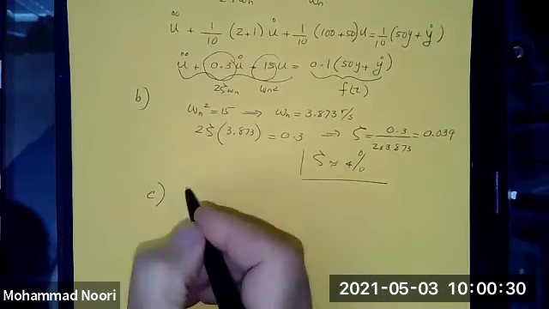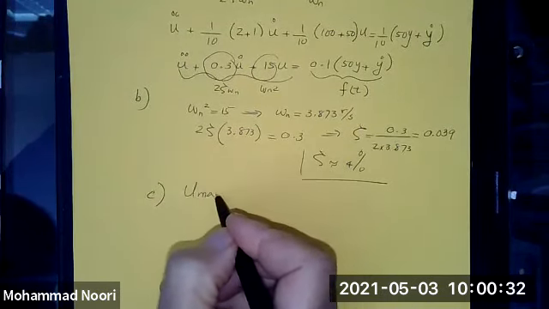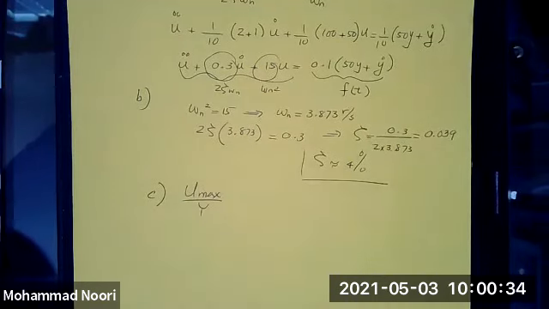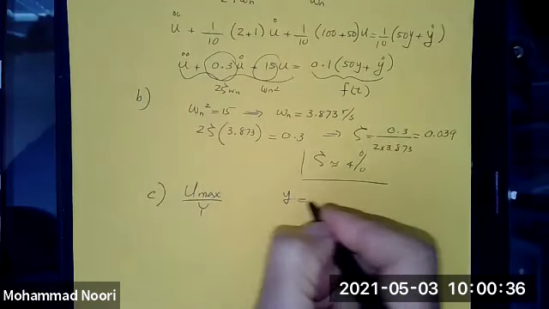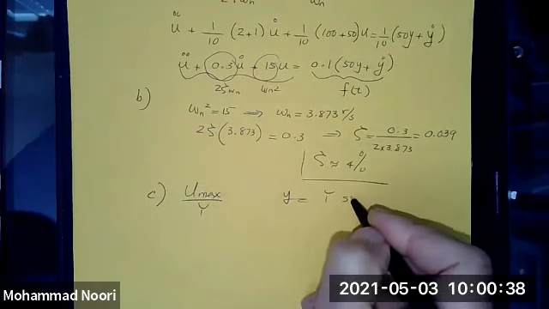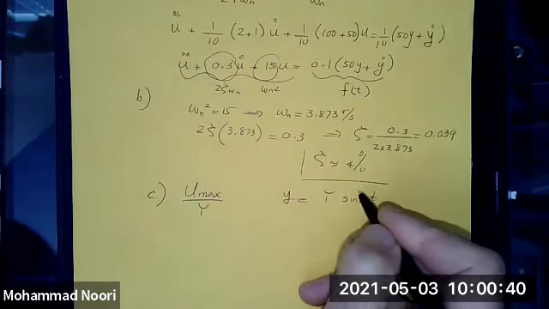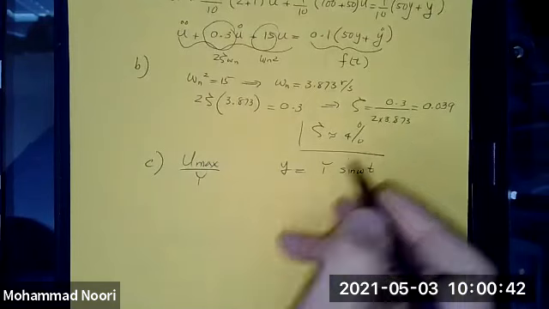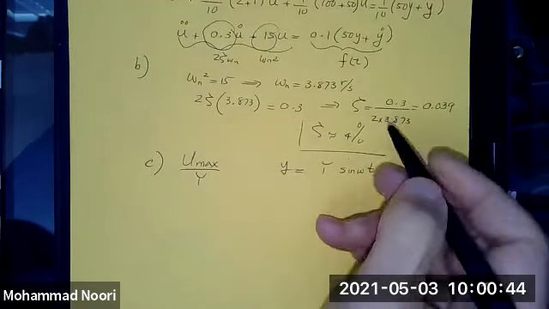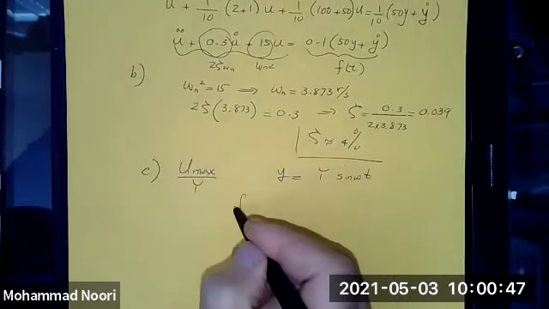Actually, two more. You want to find U max with respect to Y, where y is given as Y sine omega t. Okay? So the right-hand side, which is f of t, is what?